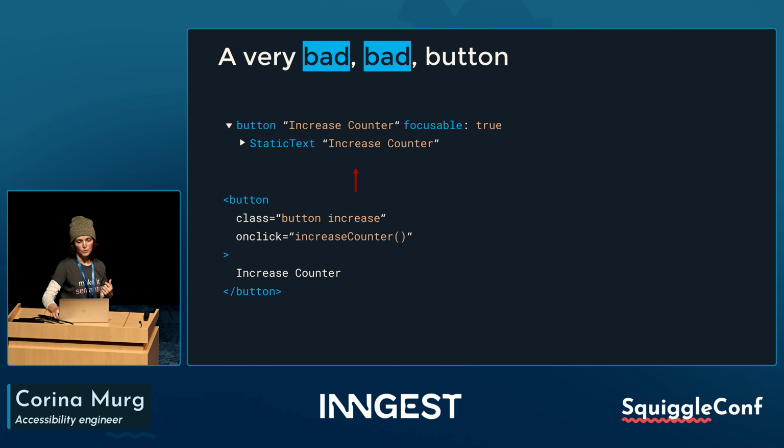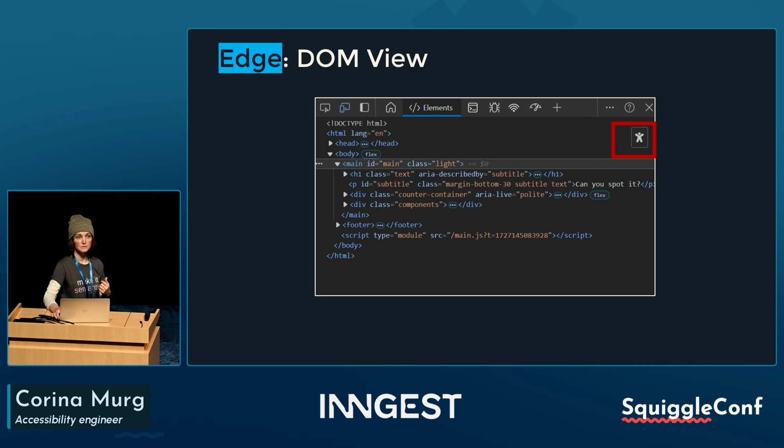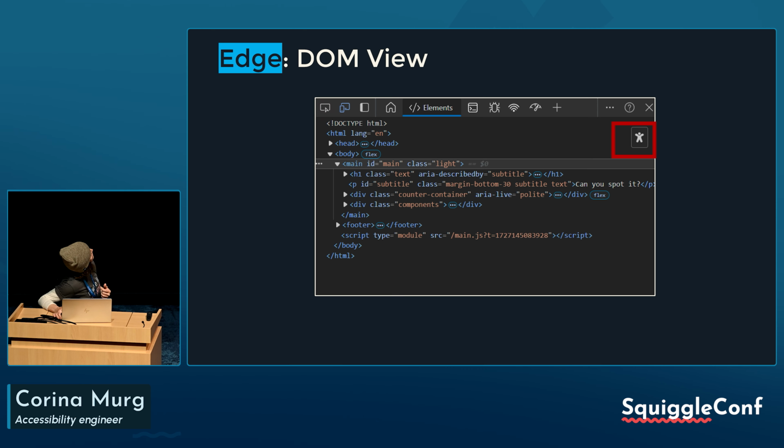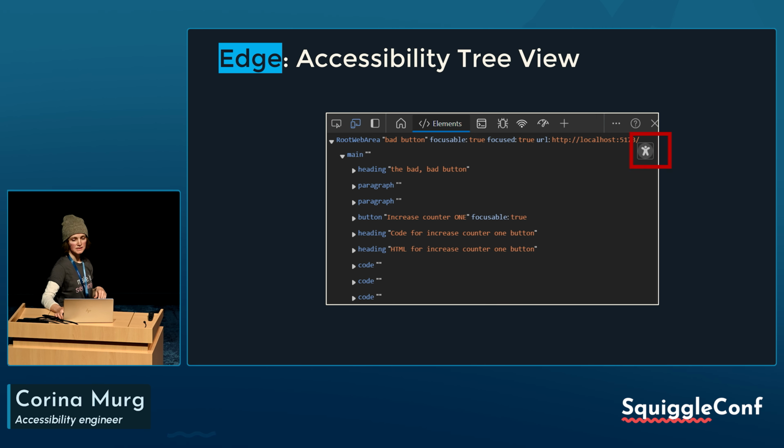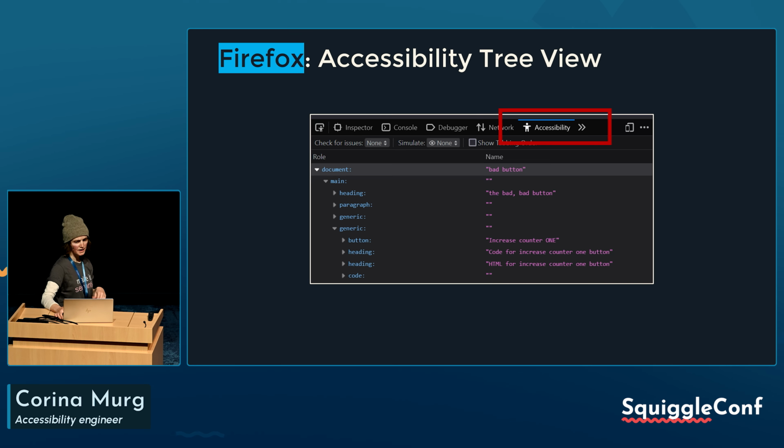Now, real quick, where can you find the accessibility tree? In Edge, in Elements view, you have a button that allows you to toggle between Elements view and the accessibility tree view. In Firefox, you have an accessibility tab.